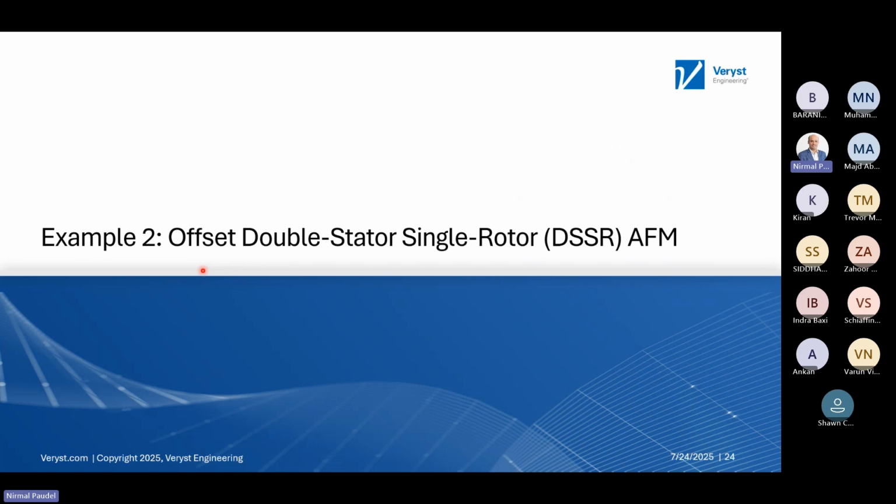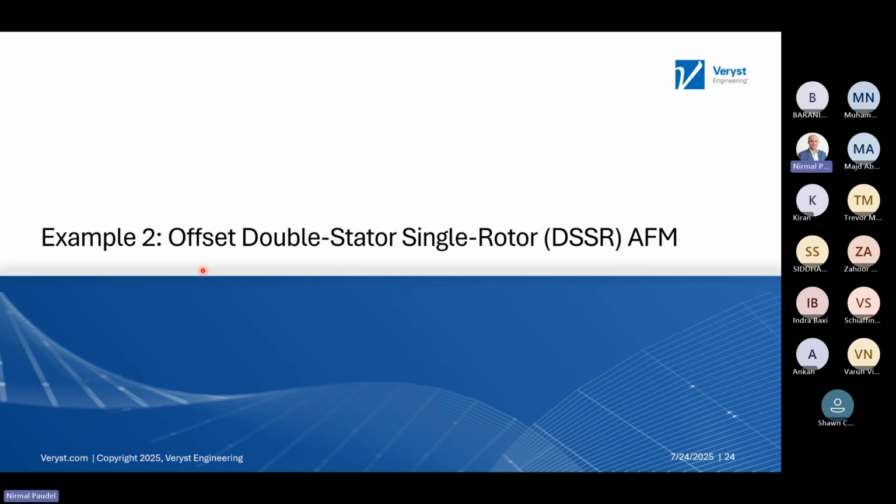So the other example is that we have a single or double stator design, and we also perform the optimizations on that configuration. But what can we do with the two stators? Can we just reposition them in different ways so that we can get more torque out of it?